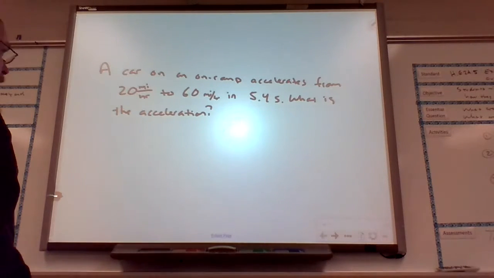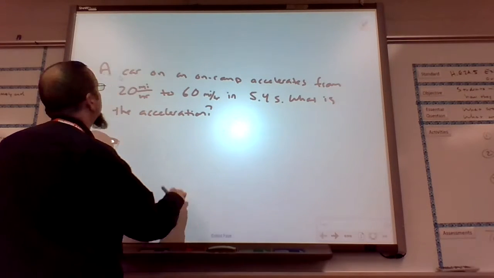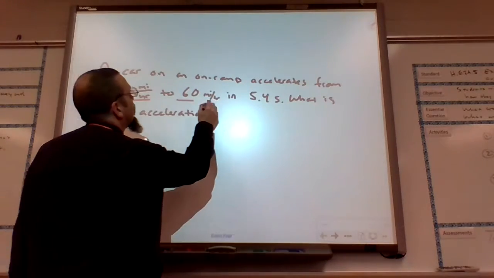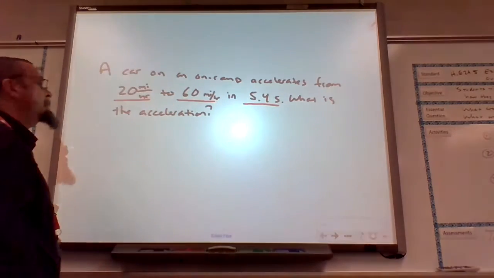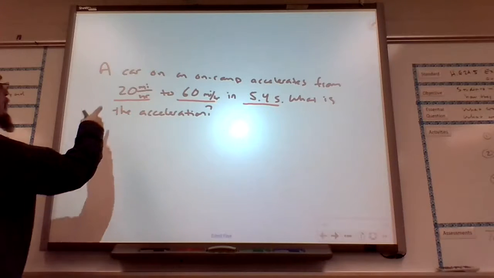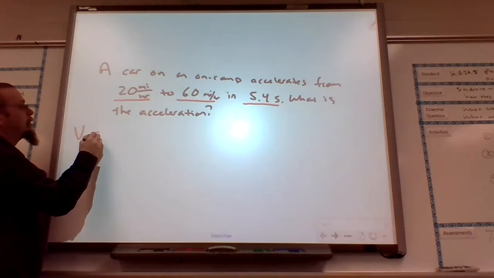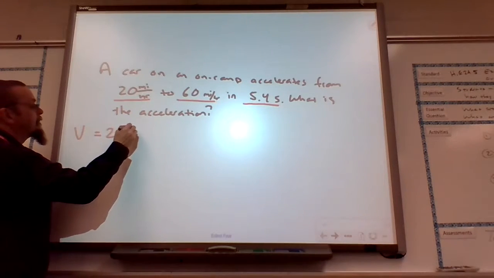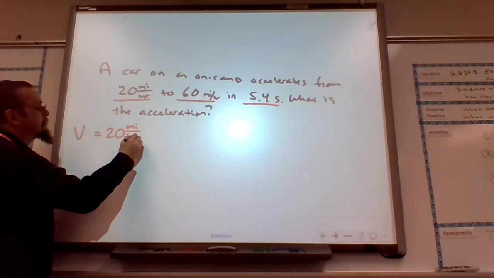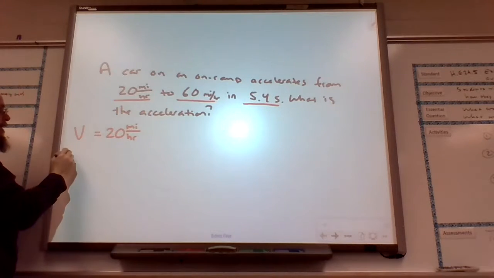So again, just like any other problem, we want to take that same problem-solving approach. We want to look at all of our numbers and figure out what those are, label them. 20 miles per hour, that's a v. We'll get into whether it's f or i in just a second. 60 miles per hour, that's a v.